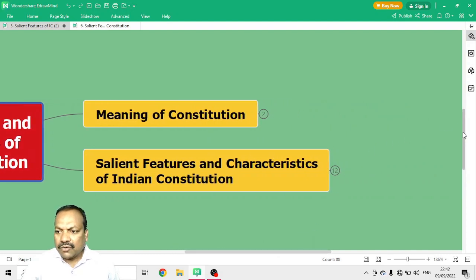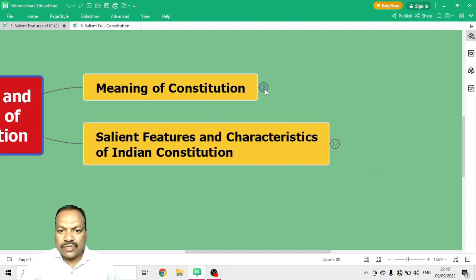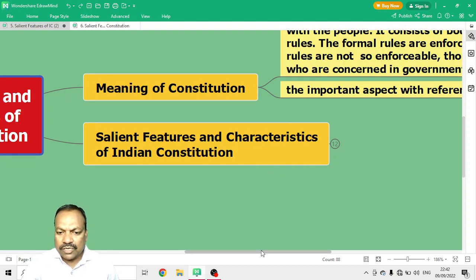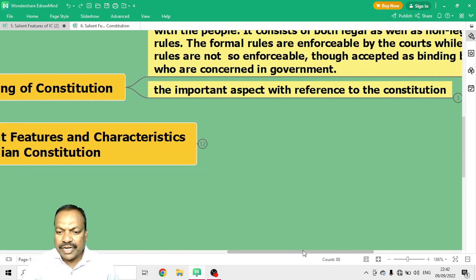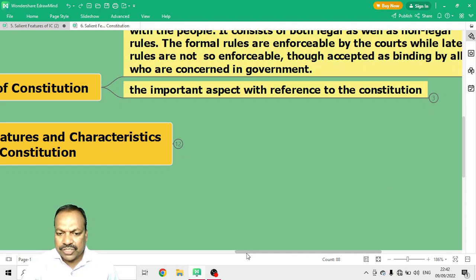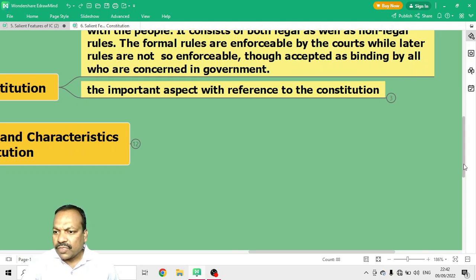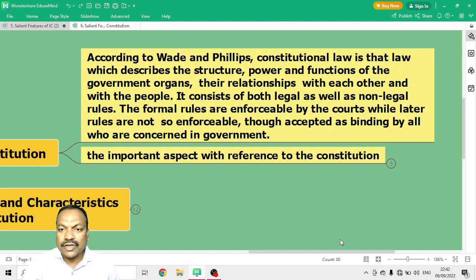Here, when we are going to see the meaning, I want to quote the meaning defined by Mr. Wade and Phillips, who have written in their book related to constitutional law. According to Mr. Wade and Phillips, constitutional law is that law which describes the structure, power, and functions of the government organs, their relationship with each other, and with the people.